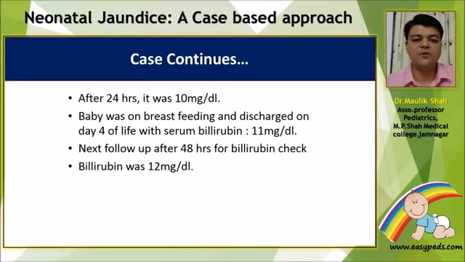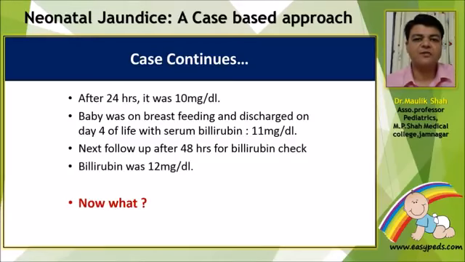Baby was on breastfeeding and discharged on day 4 of life with serum bilirubin of 11 mg per deciliter. Next follow-up after 48 hours for bilirubin check was done, and bilirubin was found to be 12 mg per deciliter.